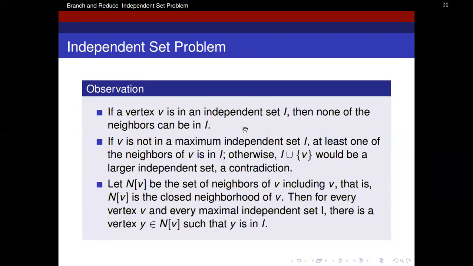Because if V is not in the maximum independent set, then I union V would be a larger independent set, which would be a contradiction to our assumption.